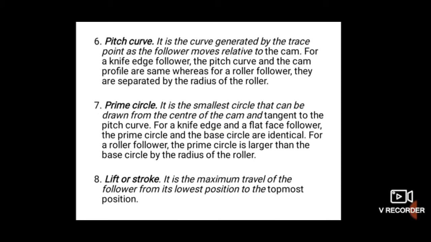Next one is pitch curve. It is the curve generated by the trace point as the follower moves relative to the cam. For knife edge follower, the pitch curve and the cam profile are the same, whereas for the roller follower, they are separated by the radius of the roller. While defining the trace point, we defined it as the reference point that is used to generate the pitch curve.